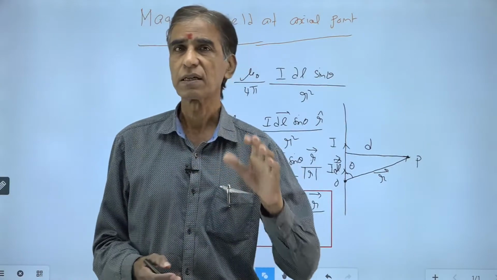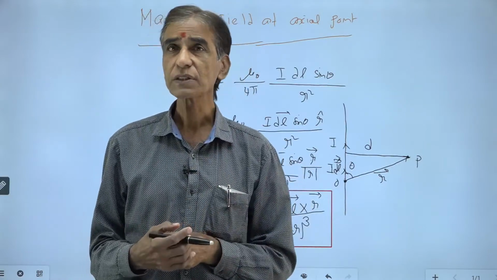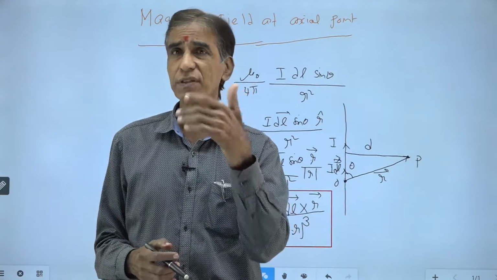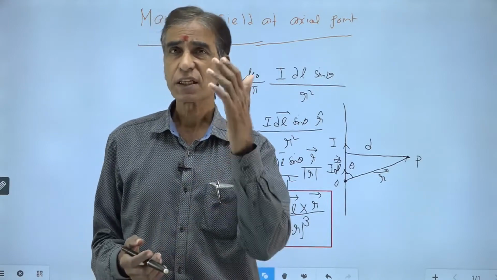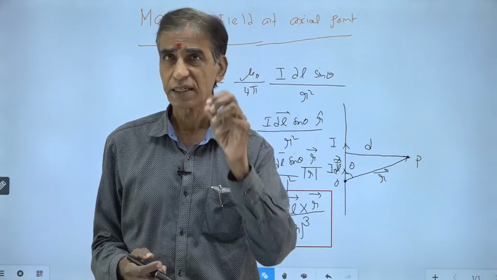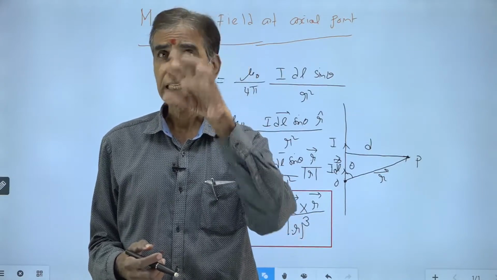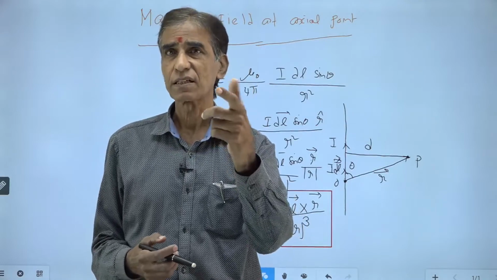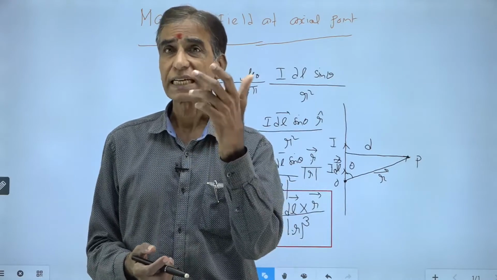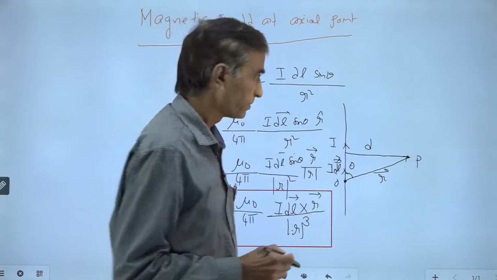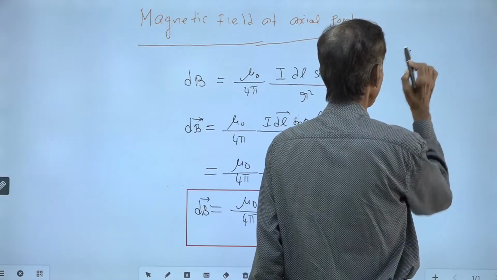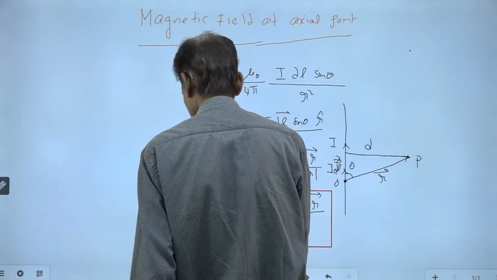Now, recall our vectors, the cross product of vectors. What is the direction of the cross product? We call it the vector product also, because the result of those two vectors is another vector. And how do you find the direction of that vector? Suppose we take the cross product of two vectors, A cross B, let us say.